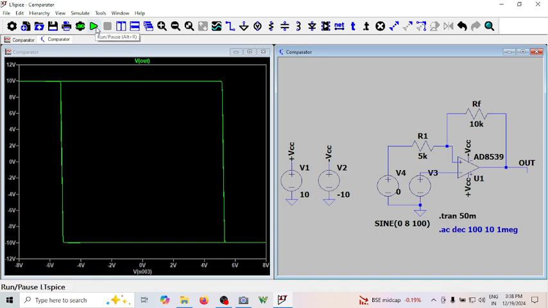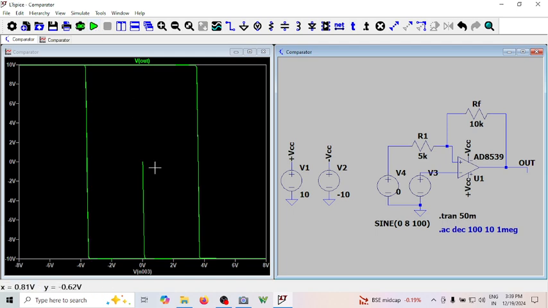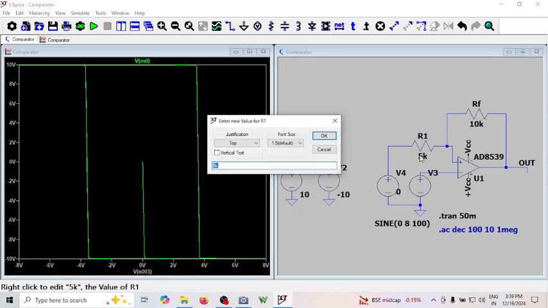The moment I run it, you can see it shrinks. This is actually 3.33, this is minus 3.33. Of course this is due to the initial waveform that you're getting, so this is not a valid one. Suppose I make it 1K, it will further shrink.